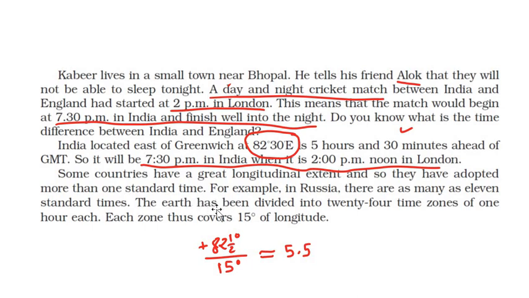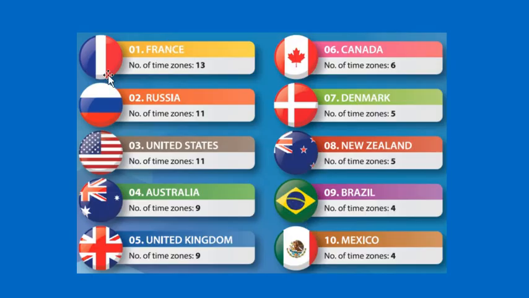Okay, so you have to understand that our earth has been divided into basically 24 time zones of 1 hour each, and each zone covers 15 degree of longitude. See for example, this is the number of time zones of each country. Say for example, this is United States of America. There are 11 time zones.